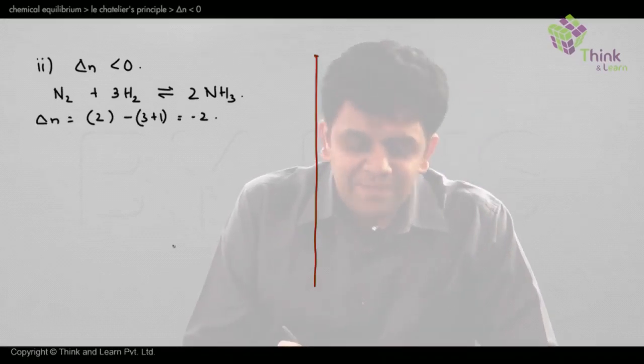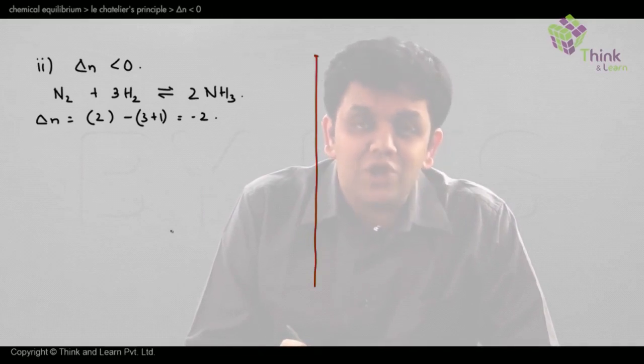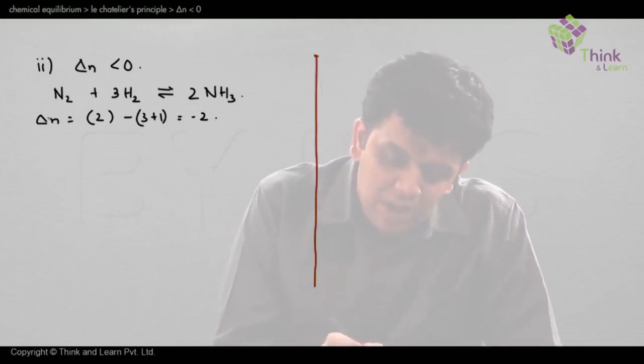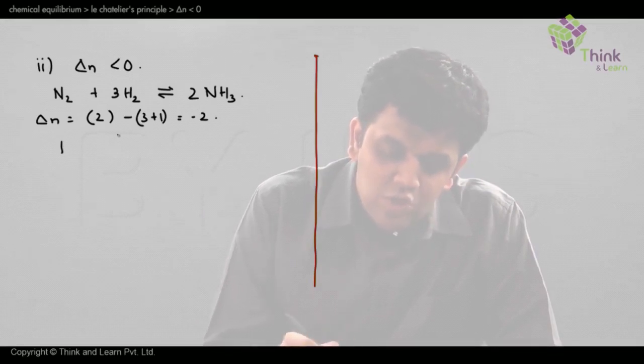In this case, delta N is minus 2, the formation of ammonia example. Now, in this case, let us assume initially there are 1 mole of nitrogen and 3 moles of hydrogen available.